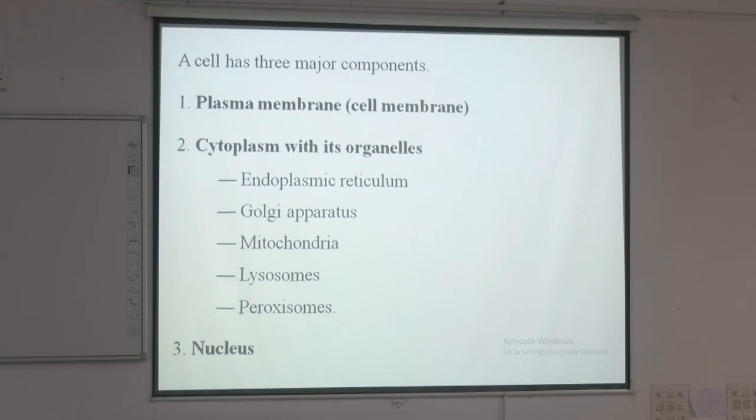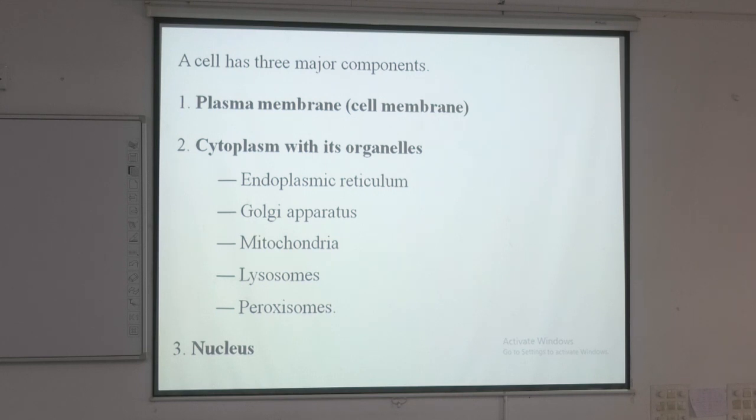To explain the structure, different types of theories are given: the lipid bilayer theory and the fluid mosaic model. Who gave the fluid mosaic model? Singer and Nicolson. They gave several theories to describe the functions of the cell.